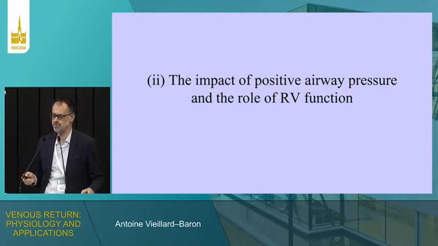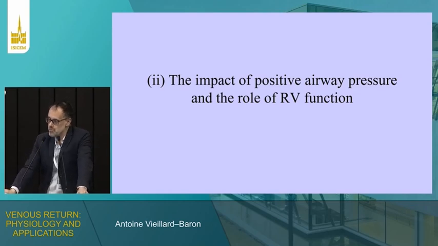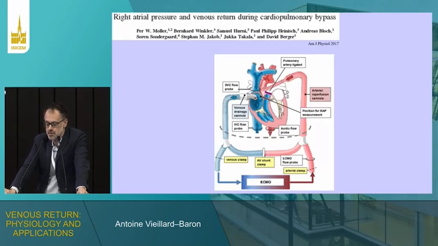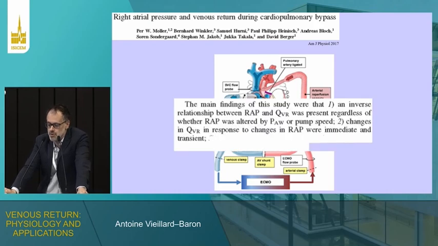What about the impact of positive airway pressure and the role of RV function on the systemic venous return? Just to show you this study, I don't want to describe at all the experimental model of this study, quite complicated, so in animals still, but just to show you that what they did in this study is that they were able to modify the right atrial pressure in two different ways.